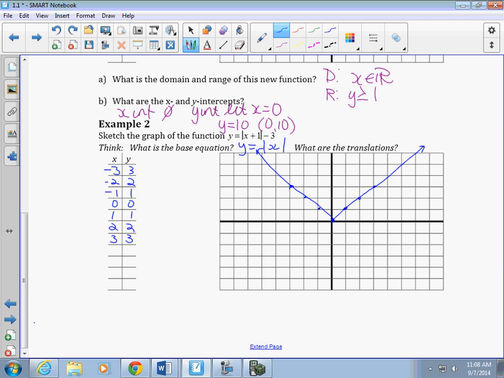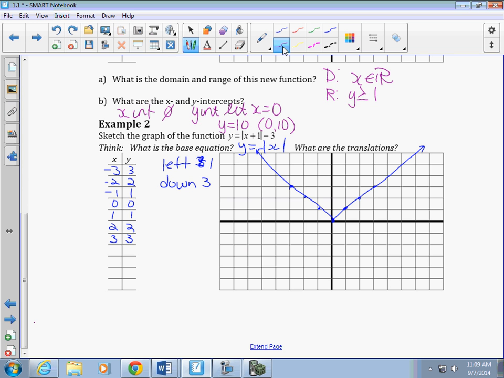Okay, so if I look at my translation, I have a positive 1 inside, so that means I'm going to have to go left 1. I've got a negative 3 outside, so I'm going to have to go down 3 for my translations.